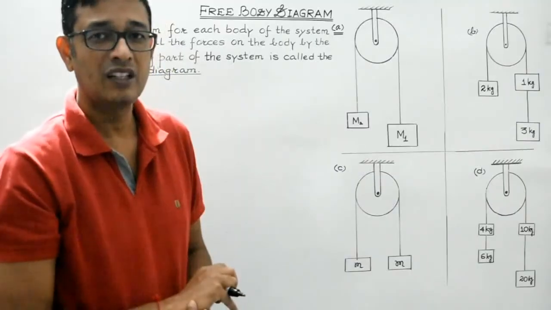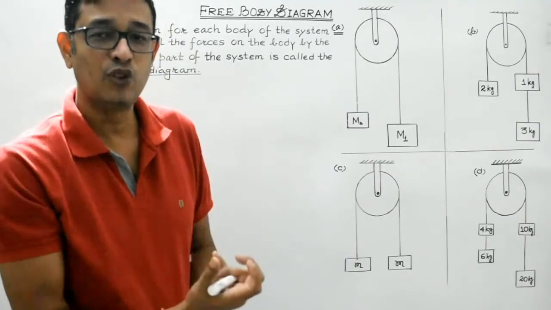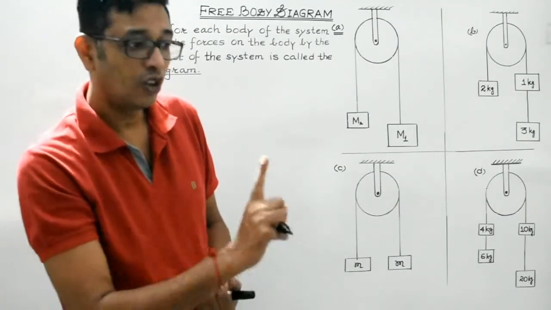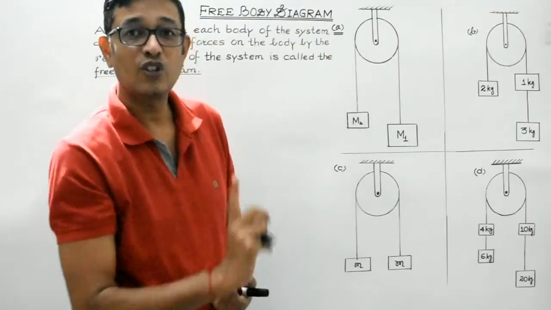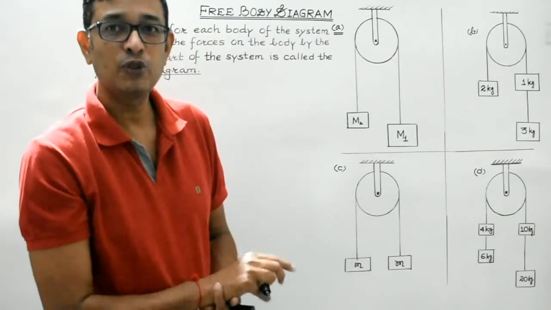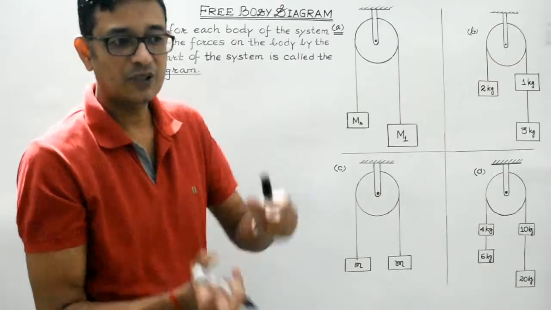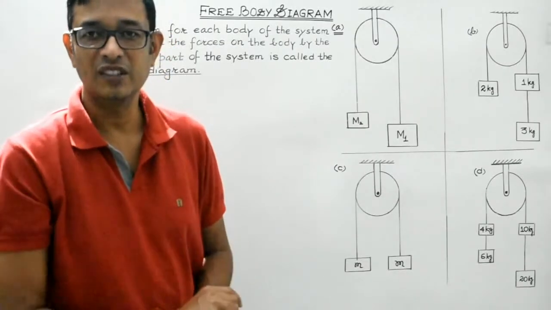That's the weight of the body. And an equal and opposite force will be exerted on the string or on the thread in the opposite direction. Right? That's perfectly an action-reaction concept.